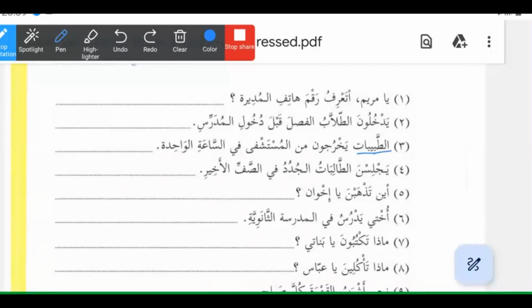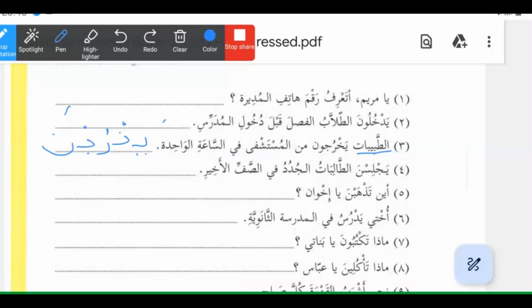So yakhrujuna will not come, it will come as yakhrujna. It will come as yakhrujna. At-tabibatu yakhrujna. The female doctors go from the hospital, or will go from the hospital at 1 p.m.